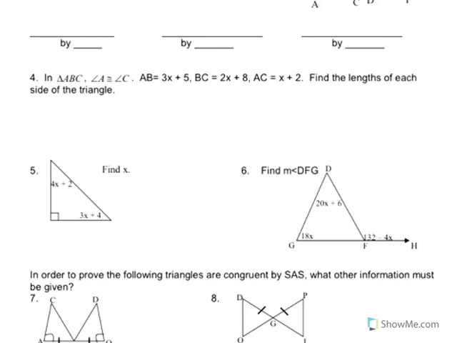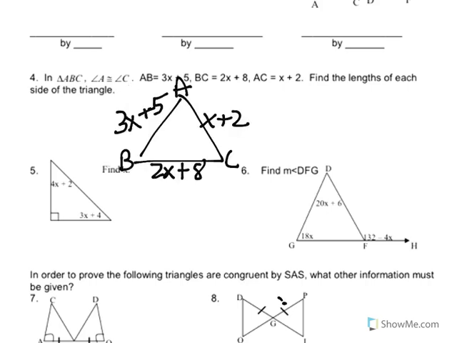Okay, it says in triangle ABC, well, as soon as I see that, I'm going to draw it. ABC. AB is 3x plus 5. Oh man, I'm having trouble writing. Okay, I had to redo.